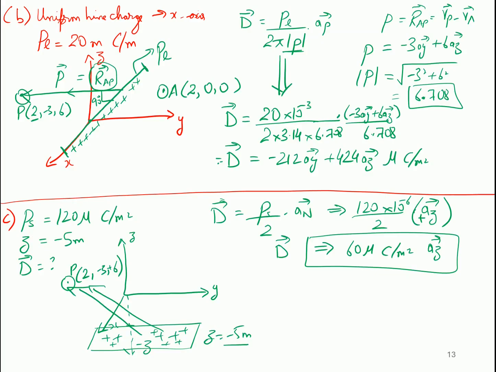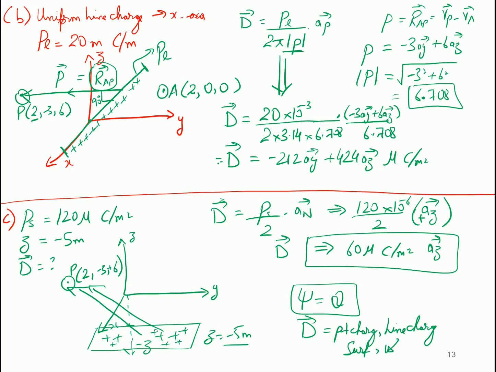I hope you understood how to find electric flux density and the electric flux, keeping always in mind that electric flux is equal to the total charge enclosed, and the electric flux density value will vary depending on whether it is a point charge, a line charge, a surface charge, or even a volume charge. And we can understand this by the two examples that we did.